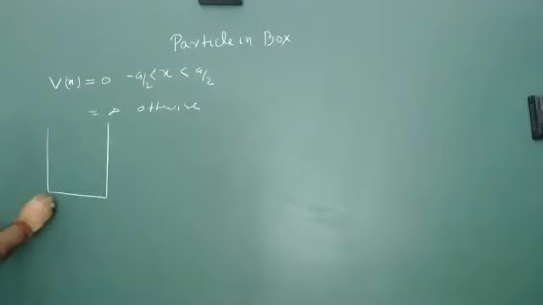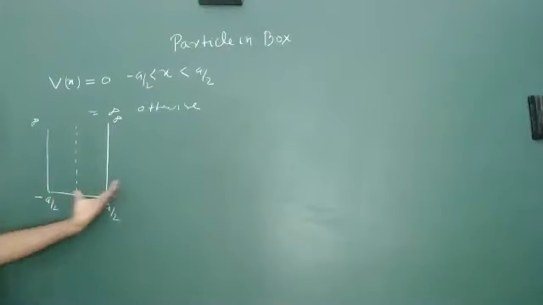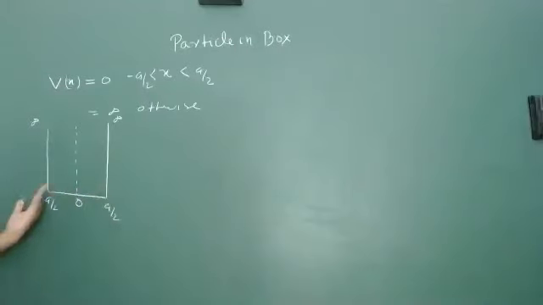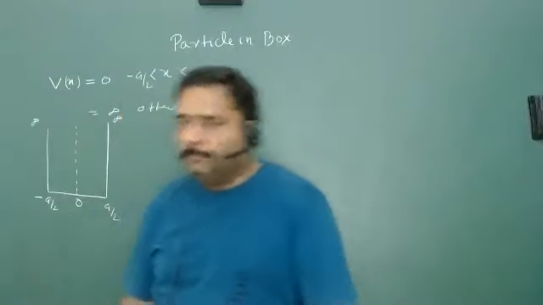This is minus a by 2, this is plus a by 2, and this is 0. This is infinity, and this is infinity. So we have shifted the potential from 0 to a, to minus a by 2 to plus a by 2. And you can see this beautiful potential is symmetric about x equal to 0.